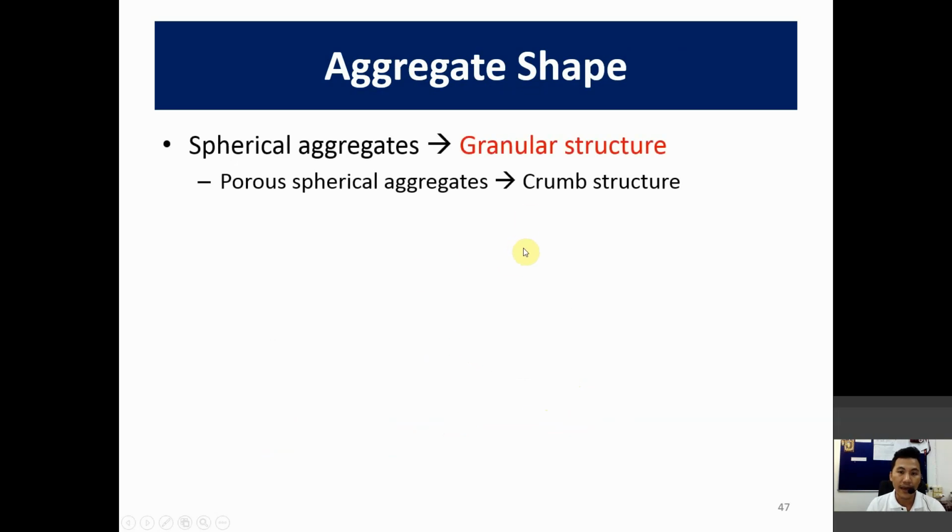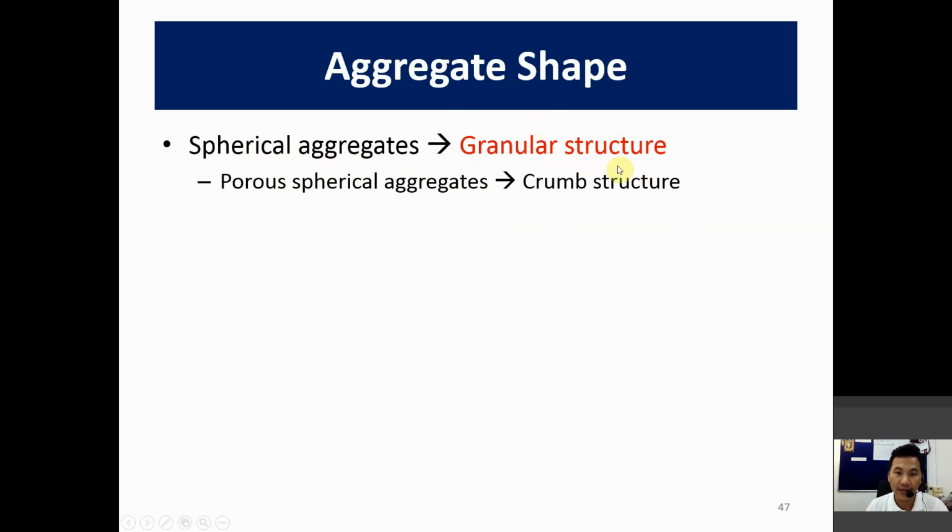Now, aggregate shapes. Aggregate shape is a very fundamental story. Different aggregate shapes will affect the whole soil structure. Like if you have a lot of spherical aggregates, that will give you granular structure.